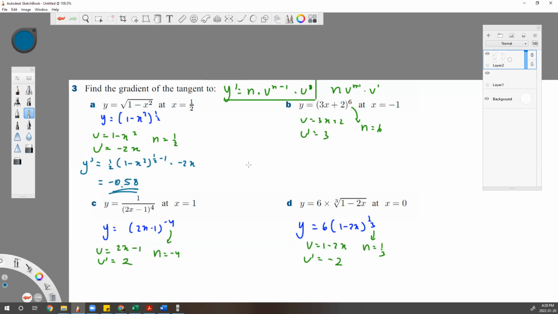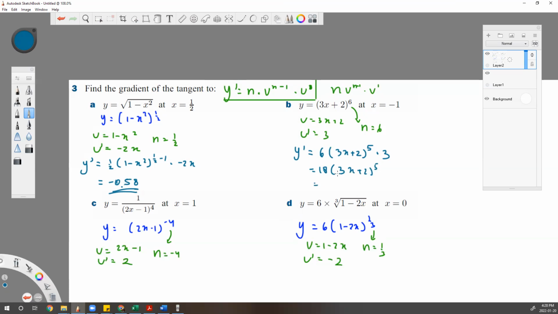-0.58. That's the answer. And then how about question B? y'(x) equals n times u to the power 5, right? 18 times (3x plus 2) to the power 5.